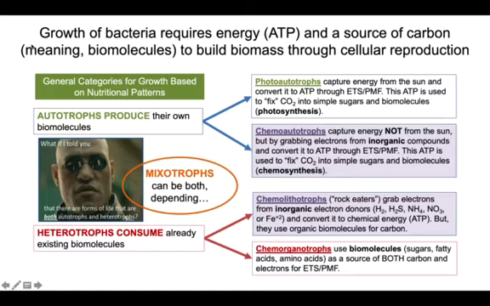Now, another category are those that have to eat food or consume already existing sugars, etc., and those are your heterotrophs. And we have two subgroups there. We've got the chemolithotrophs and the chemoorganotrophs. So the chemolithotrophs, another name for them is rock eaters, and only bacteria, note, only bacteria fall in this group.